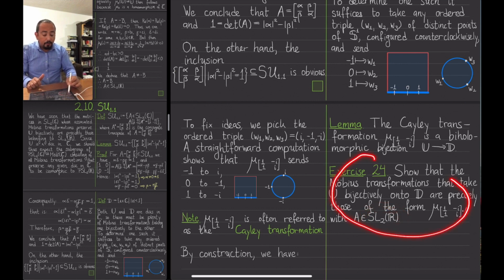So exercise 4 determines explicitly all the Möbius transformations that send U bijectively onto D.